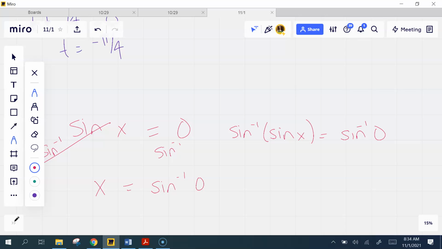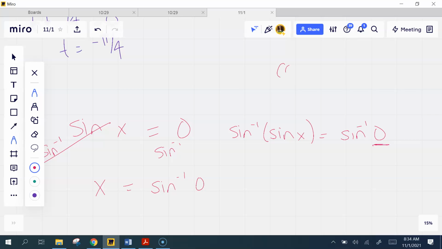What happens when you put inverses together? By definition, inverses do what? Inverse sine says, where is the sine this value? That is what inverse means.